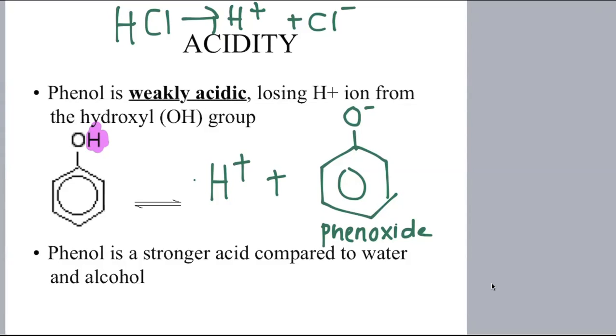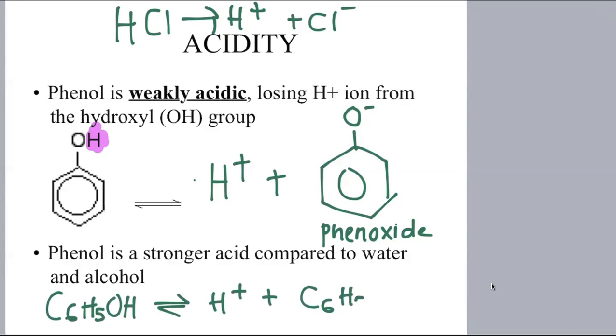If you want to write this down as an equation, it's C6H5OH dissociating into H plus and C6H5O minus. I believe you have to write that down in your notes. In your notes, there is a list of phenol, water, and ethanol, and their pKa values.